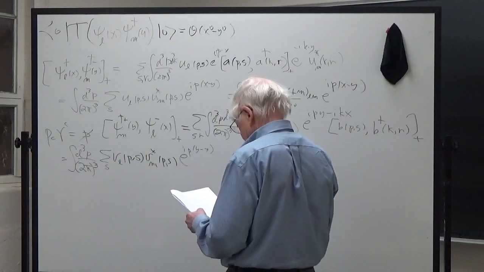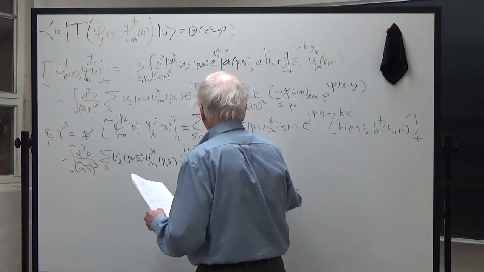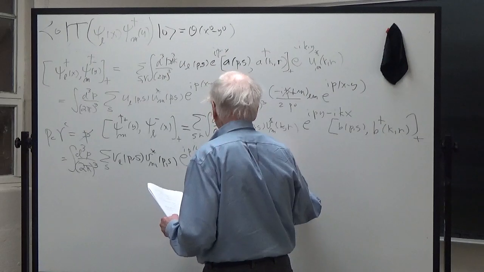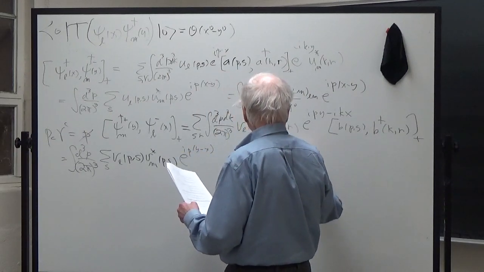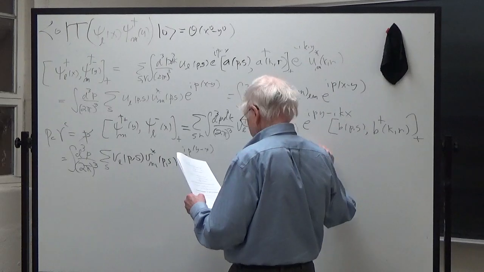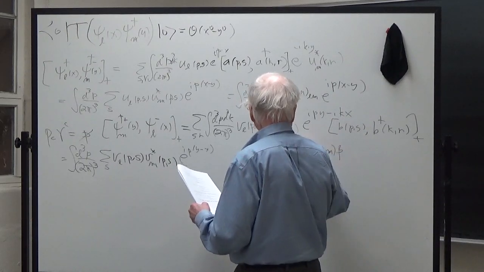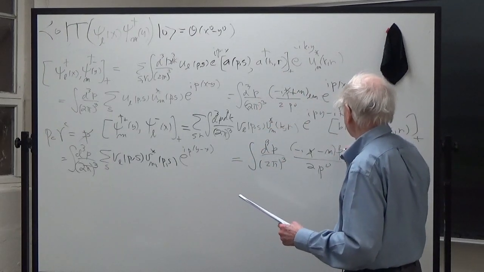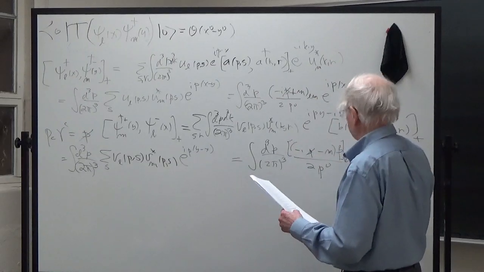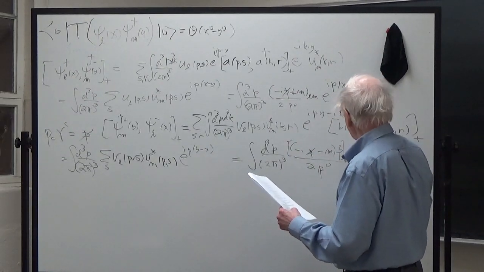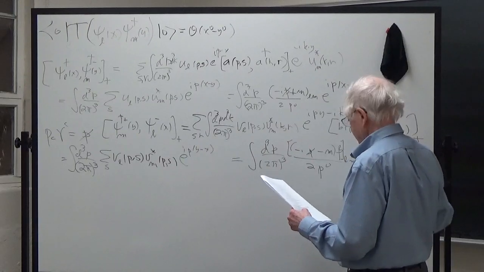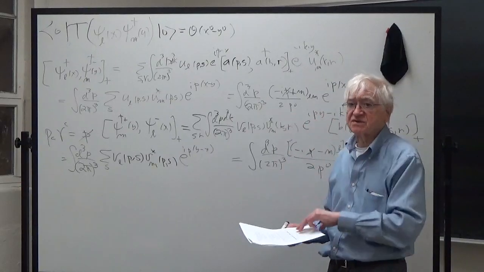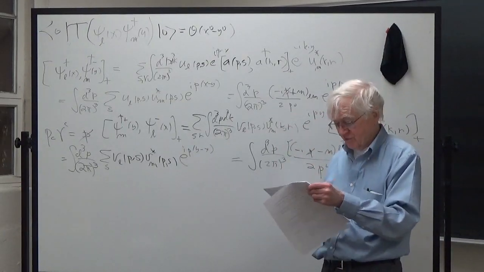And then this spin sum is then d cubed p over 2 pi cubed, what I wrote on the board over there, minus i p slash minus m over 2p0, L M, e to the i p y minus x. Okay, so now we have the two things that have to go into the expression for the Feynman propagator.